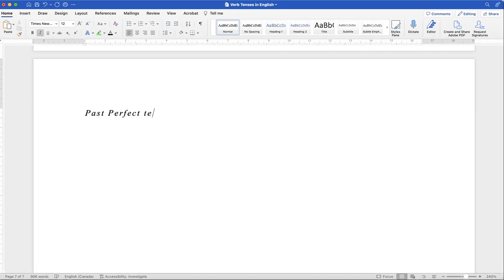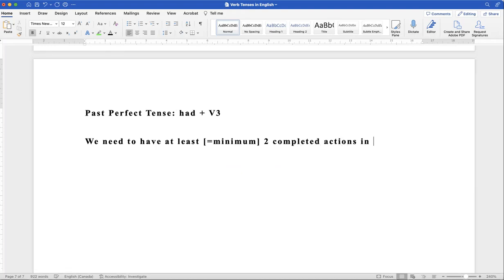Past perfect tense, this is the same. We don't use past perfect tense quite often, but of course you can use it. This is had plus verb 3. In order to use this verb tense, we need to have at least, like minimum, 2 completed actions in the past.